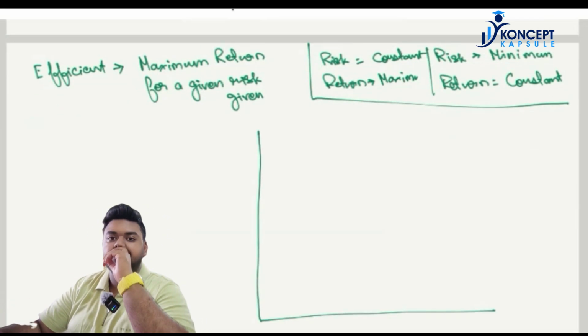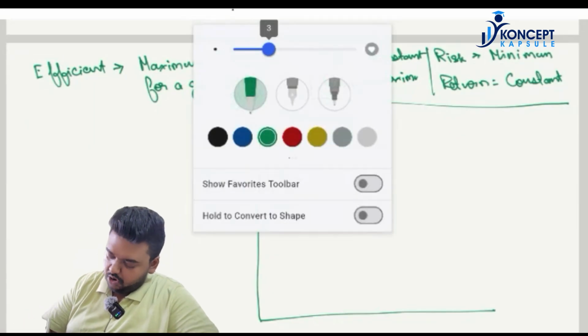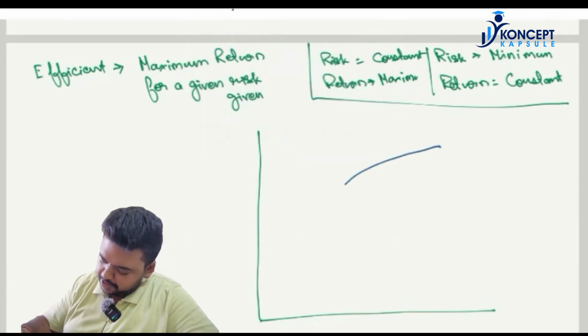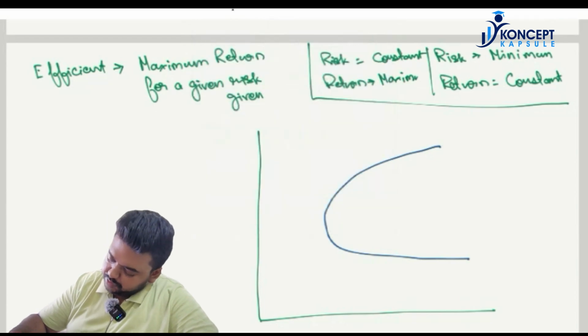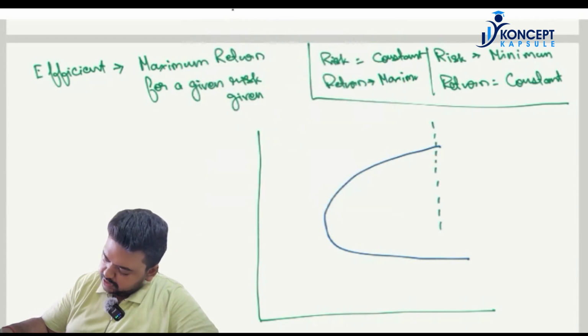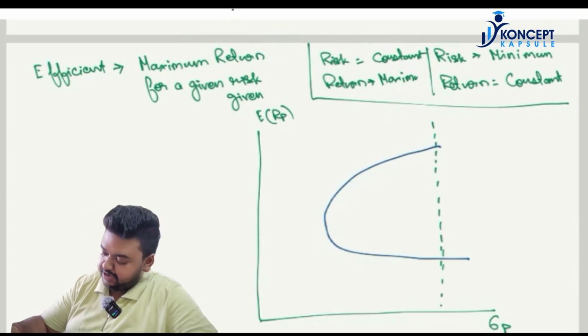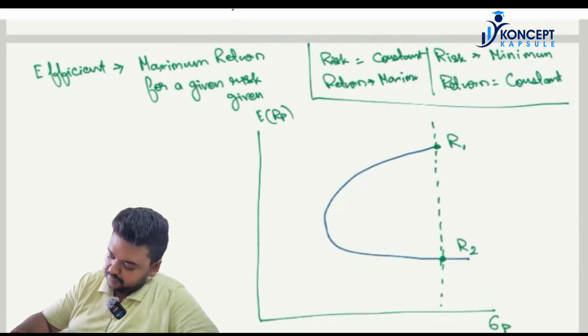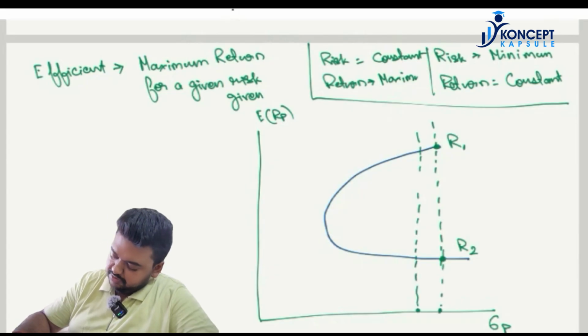See, you need to understand. How will the graph of efficient frontier look like? If I draw a minimum variance portfolio like this, you will see at each risk level we are getting two returns, R1, R2.